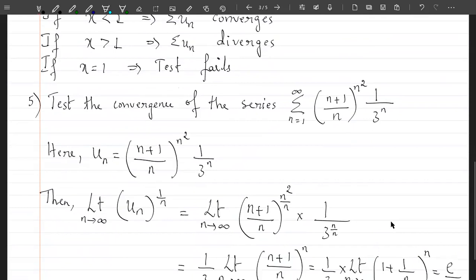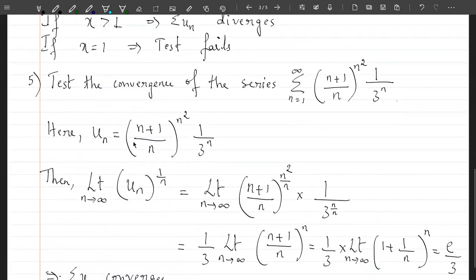Let's solve the next one. Test the convergence of the series summation n from 1 to infinity, ((n plus 1) by n) power n square, multiplied with 1 by 3 power n. So here un is equal to ((n plus 1) by n) power n square, which is multiplied with 1 by 3 power n.